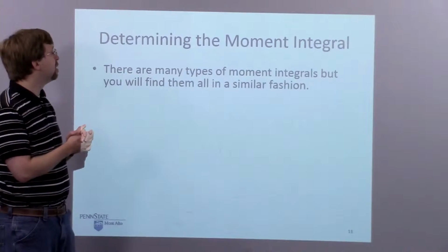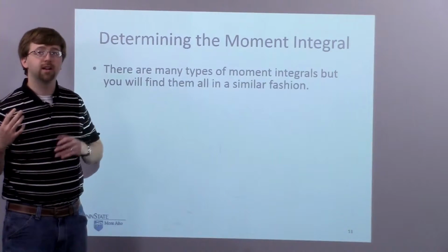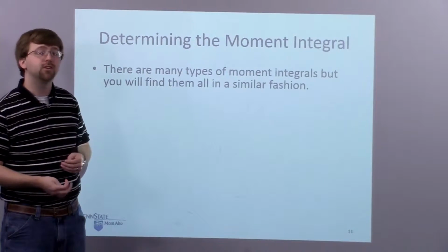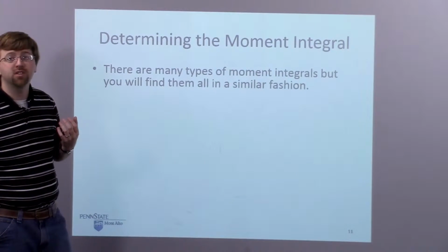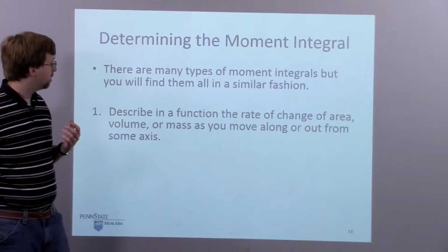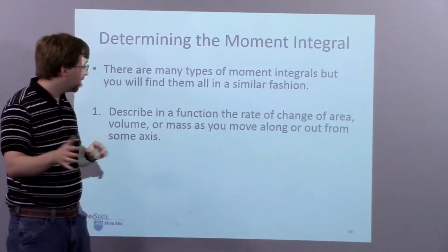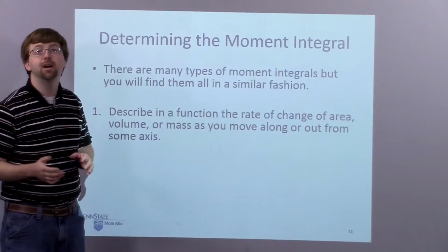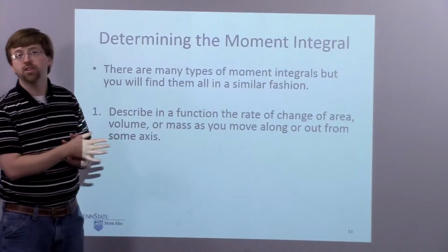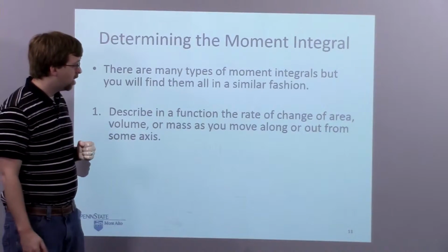Alright, so determining the moment integral, we've got lots of different types, and there's lots of pieces that go into determining all of these. But we've got the same procedure we start with in all of these. We need to describe a function that's the rate of change of the area, the rate of change of the mass, or the rate of change of the volume as we move from one side of the shape to the other, or from the center out, something like that.